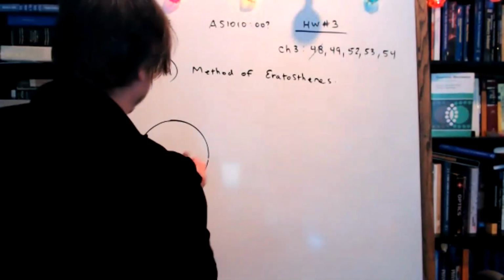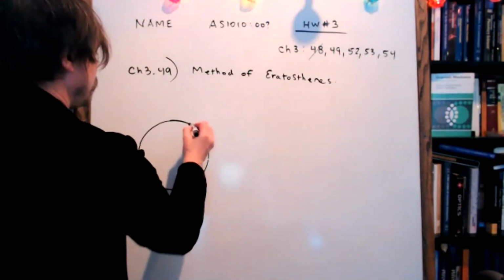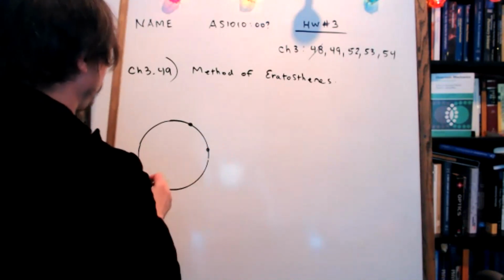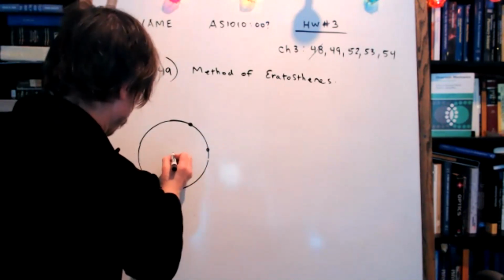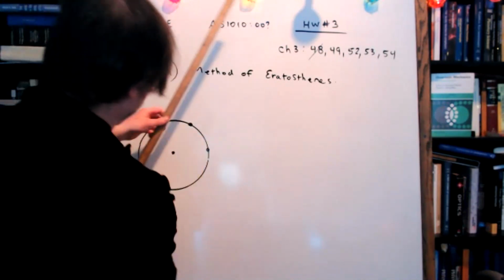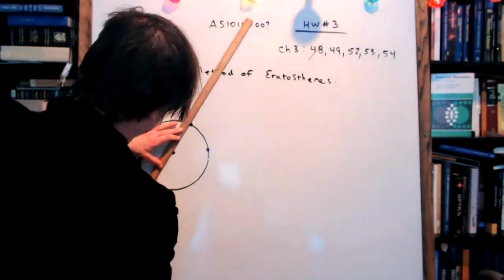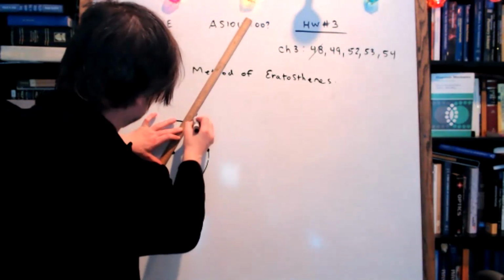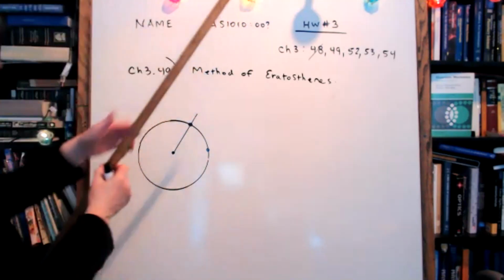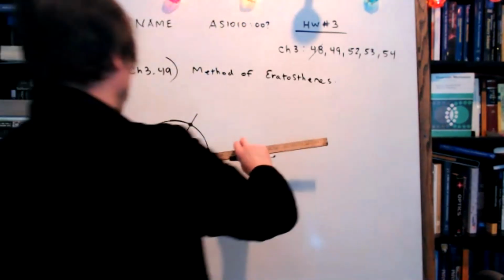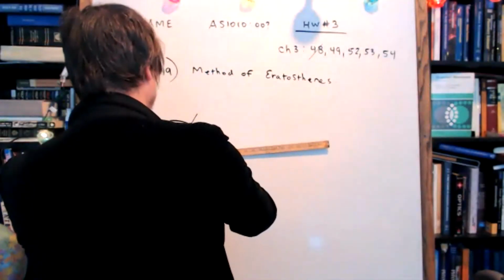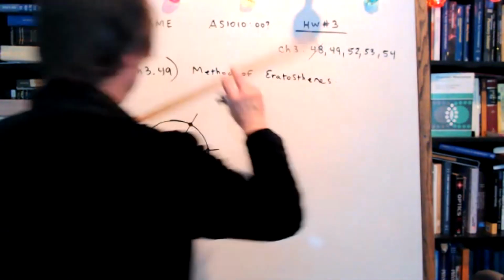All right. We're going to have two cities, an Alexandria and a Syene. Make a line from the center of Earth through the first city and poke a little stick out of the top of Earth, and then make a line to the other city of Syene and poke a stick out of Earth.